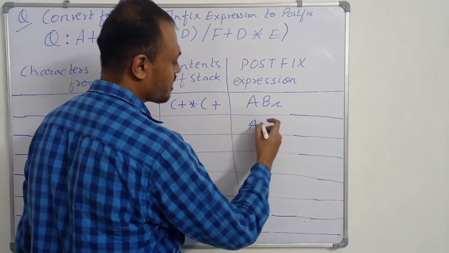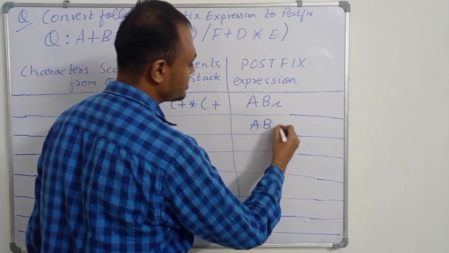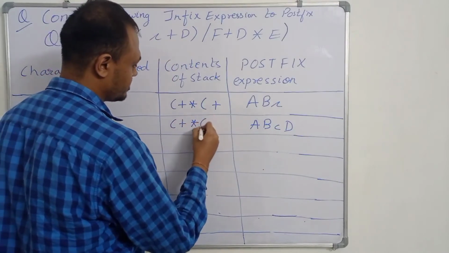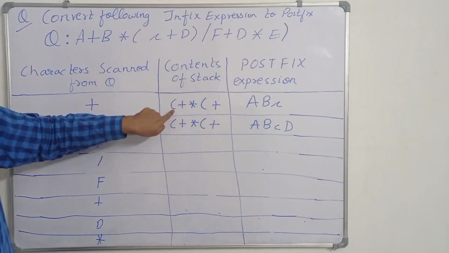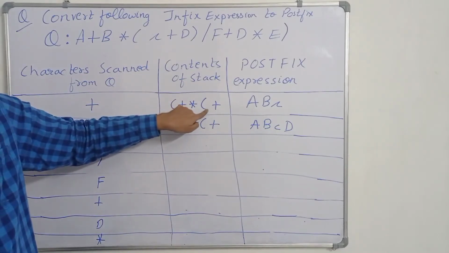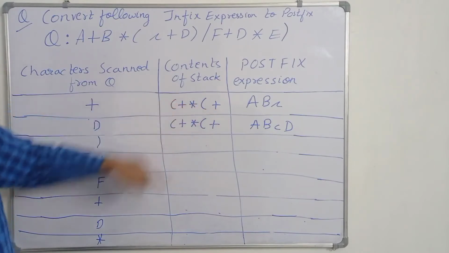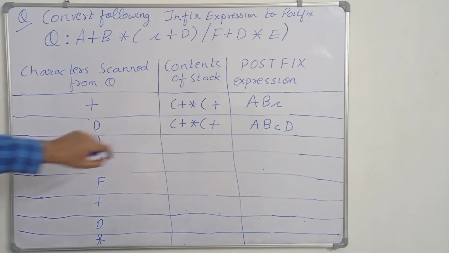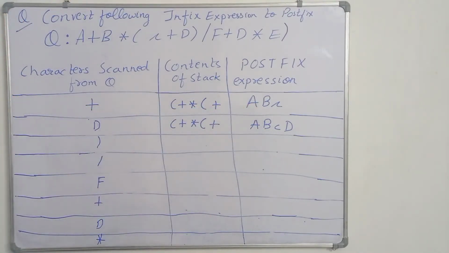So A, B, C, D, and this is as it is. As you can see, in the contents of stack we can have only the parenthesis or the operators, so plus, multiply and so on. And in the stack we cannot have operands like A, B, C.